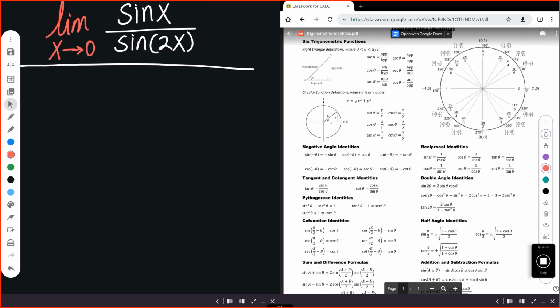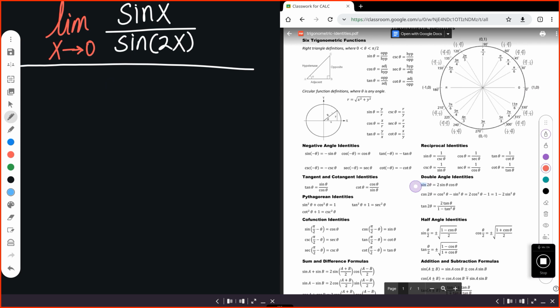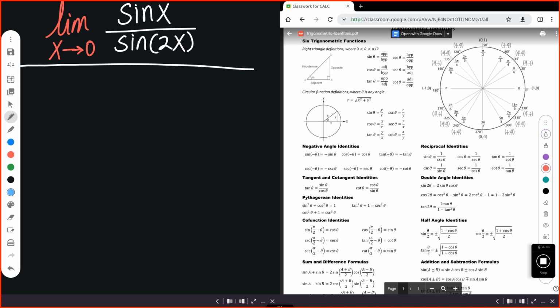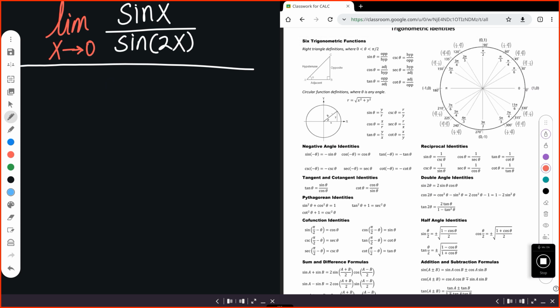And let's say we have sine x divided by sine 2x. I directly want to go here to the double angle, okay? And that looks like it would work because I have 2 sine theta cosine theta, and the sine theta can cancel out with the sine x in the numerator.